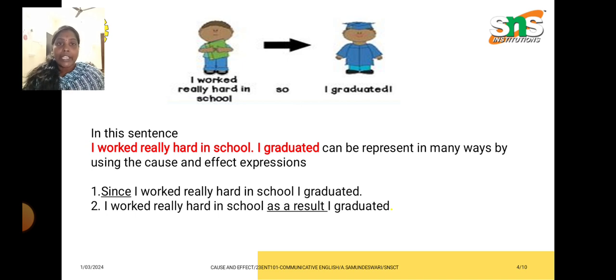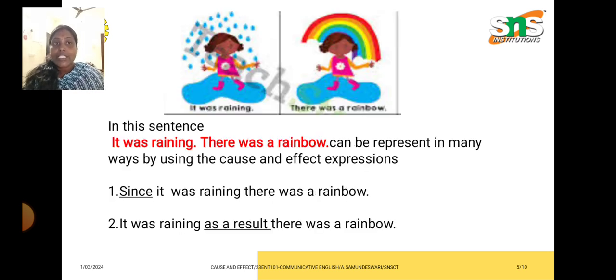For this, I have written another answer also. Since, as I told you, it can be used only at the beginning of a sentence: Since I worked really hard in school, I graduated. And in a similar way: I worked really hard in school. As a result, I graduated. Like this, we have more exercises. Here we have a sentence.